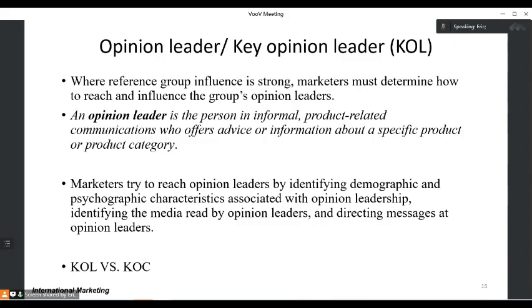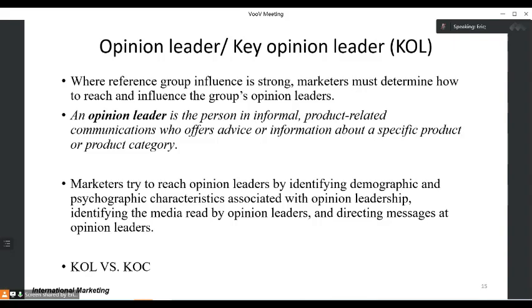They have more information about the product, special skill to evaluate this product, and a special distribution channel to get this new product. This is called the opinion leader.